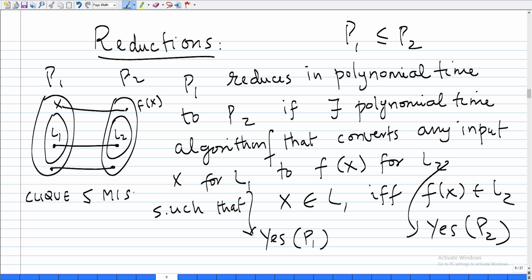We have seen it in multiple examples: clique reducing to maximum independent set, collection of max edge disjoint paths reducing to network flows, and so on and so forth. Only the thing is that here we insist that this reduction takes polynomial time. Why?